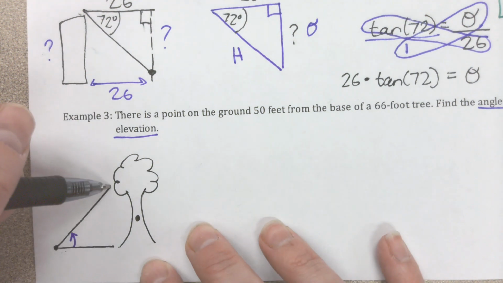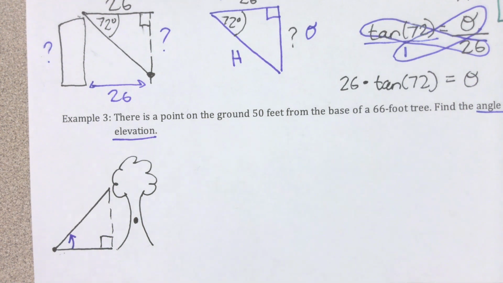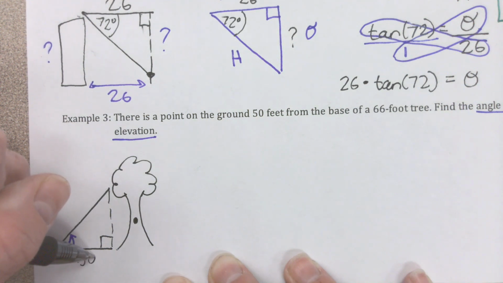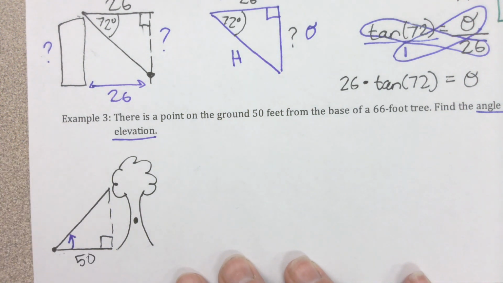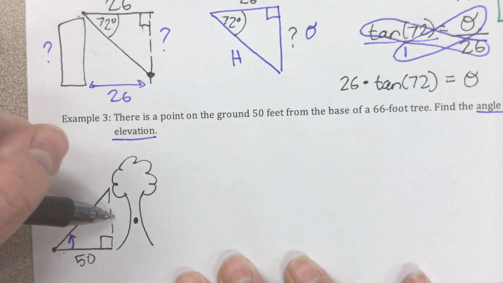And then we can finish off the triangle from there. We know that the point on the ground is 50 feet from the base of the tree, so that's the horizontal distance. 50 on the horizontal. The tree itself is 66 feet tall, so 66 on the vertical.